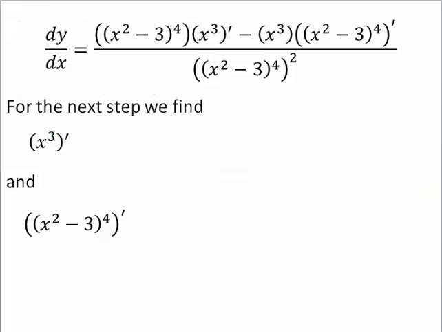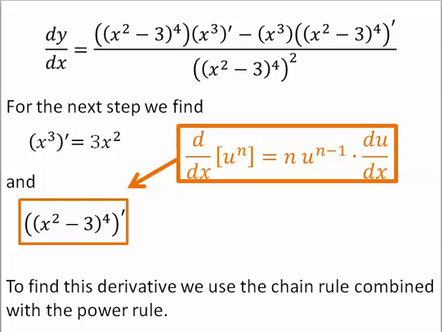Next, we're going to find these two derivatives. The derivative of x to the 3 is 3x squared. To find this next derivative, we're going to use the chain rule combined with the power rule.